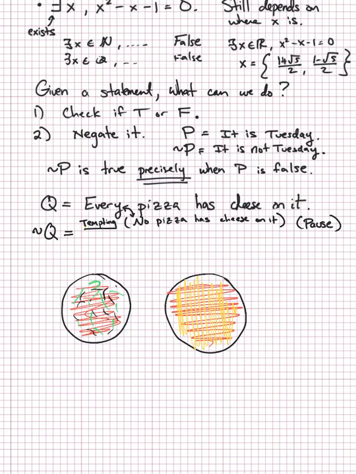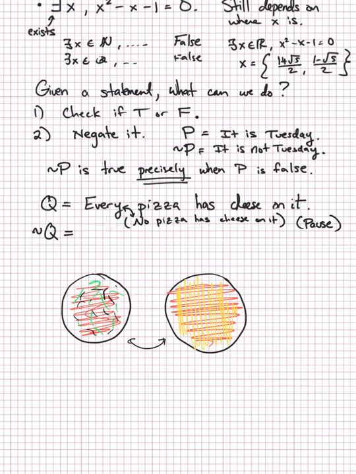So this is false, right? Every pizza has cheese on it is a false statement. I just drew two pizzas. But on the other hand, the statement no pizza has cheese on it is also false because I drew the one with cheese on it. So these are false at the same time, so therefore it's not the negation.